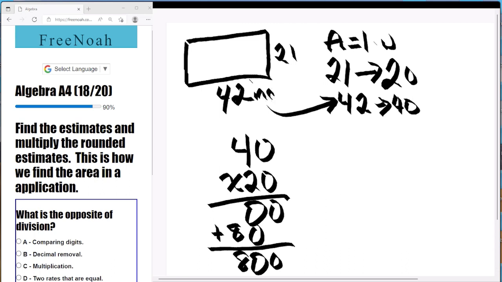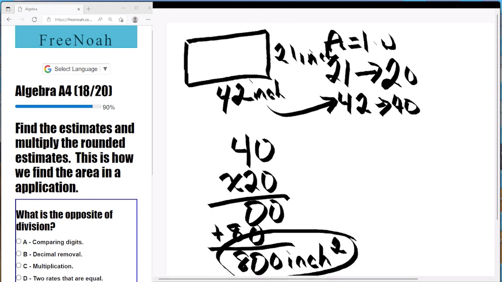Let's put this in inches. So 800 inches. So the surface, the region of this rectangle is 800 square inches.